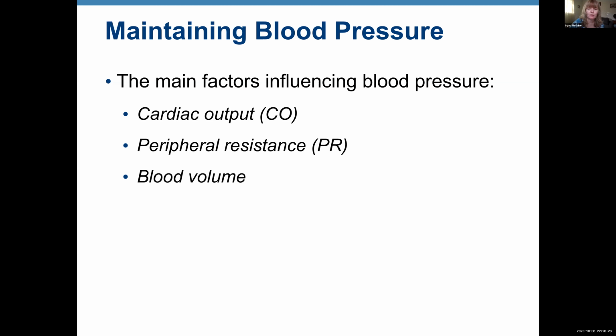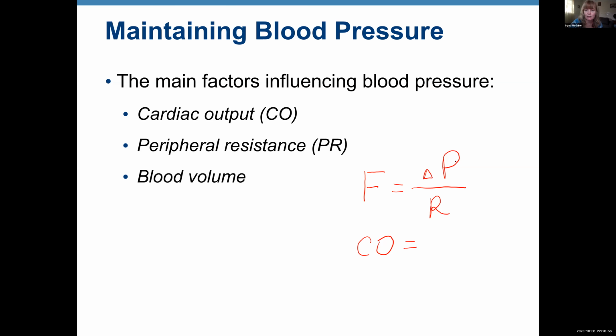Right, so remember we talked about blood flow. Flow of any fluid is directly proportional to the pressure gradient and inversely proportional to resistance, if we're talking about any flow of fluid. So we can rewrite this formula, because blood flow is cardiac output, right?